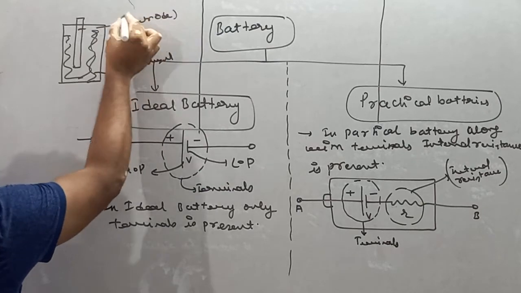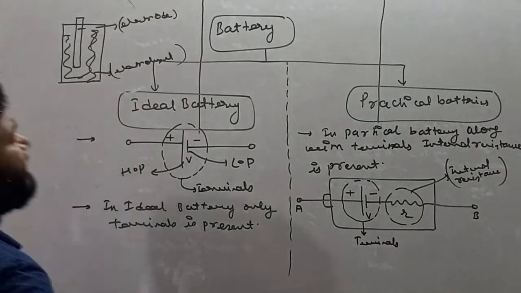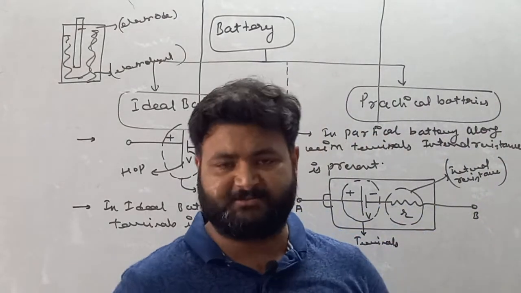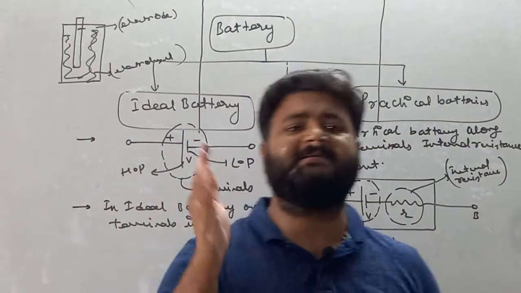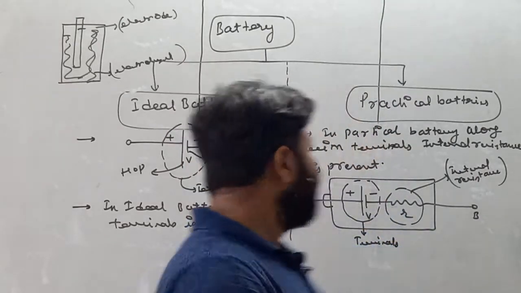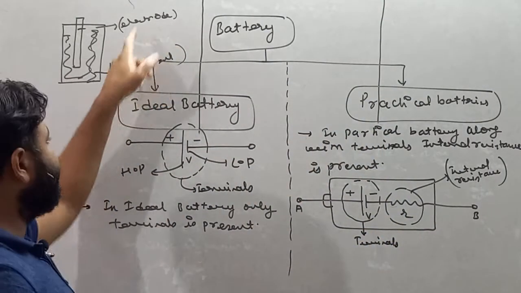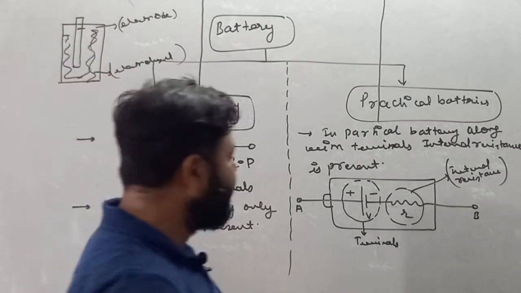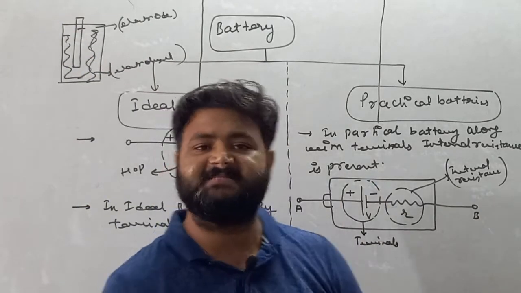When the battery is in use, a reaction takes place between electrode and electrolyte. Due to this reaction taking place between electrode and electrolyte, internal resistance is created.